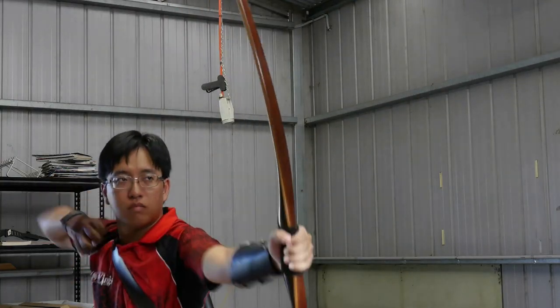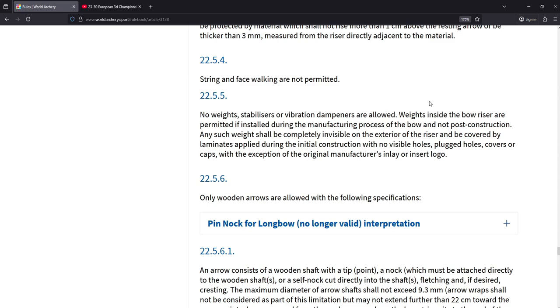22.5.4. String and face walking are not permitted, and again this is quite unique to longbow specifically. So with traditional you can face walk, in longbow you cannot. So the distinction is, face walking is when you change the anchor point on your face in order to shoot different distances.